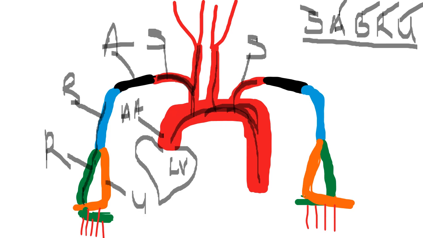The radial artery will form the deep palmar arch in the hand, and the ulnar artery will form the superficial palmar arch. The same applies on the left side here. So this is what I wanted you to know about the differences where the subclavian artery arises from. On the right side it arises from the brachiocephalic trunk, then on the left side it arises directly from the aortic arch.